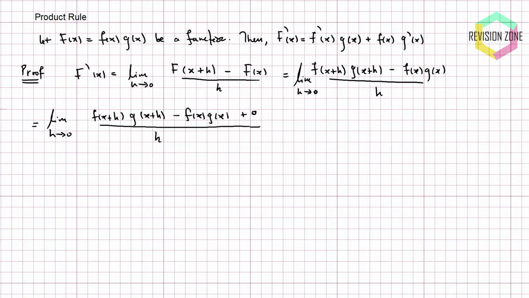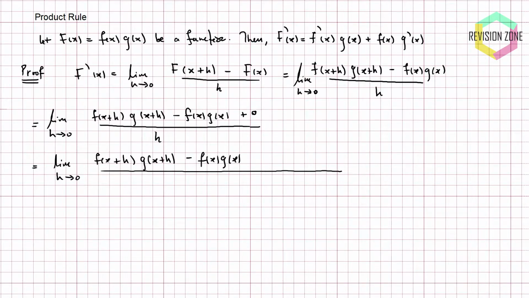And this is an ingenious step, really. But what they then go on and say, hang on, we could actually re-express that 0 as a quantity added and the same quantity taken away. So let me recopy everything here. f of x plus h, g of x plus h minus f of x, g of x, and then I'm going to do the fraction line first and re-express the 0 as follows.